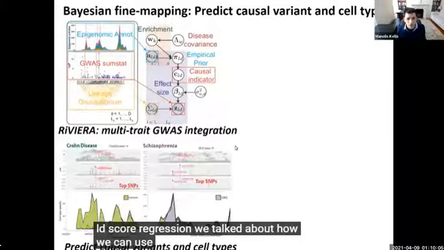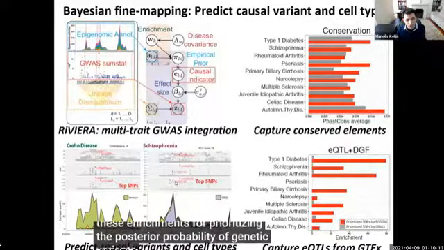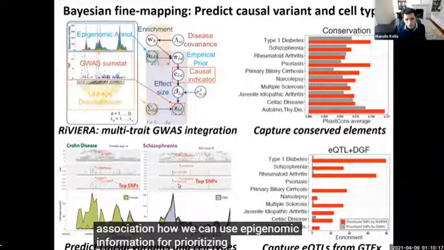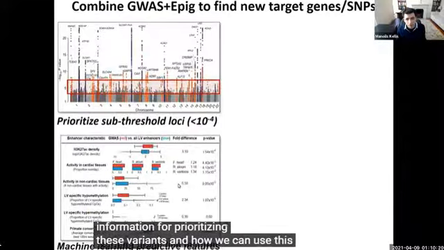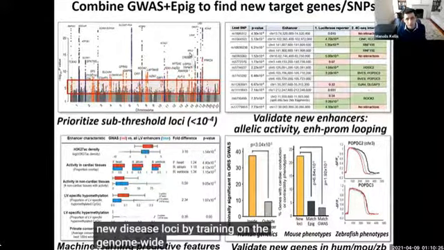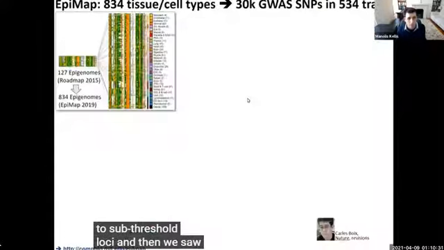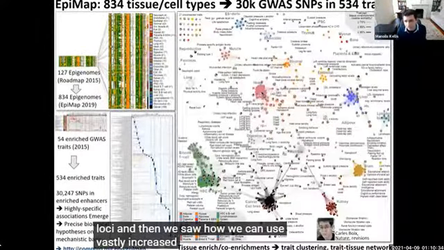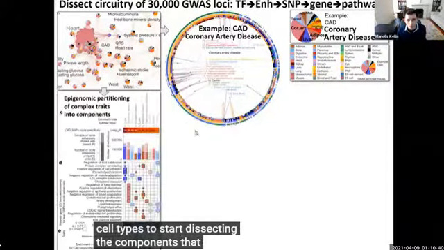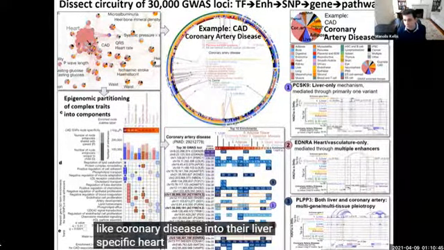We talked about how we can use these enrichments for prioritizing the posterior probability of genetic variants, given the many genetic variants in association, how we can use epigenomic information for prioritizing these variants, and how we can use this information to also prioritize subthreshold new disease loci by training on the genome-wide significant loci, and then applying this to subthreshold loci.